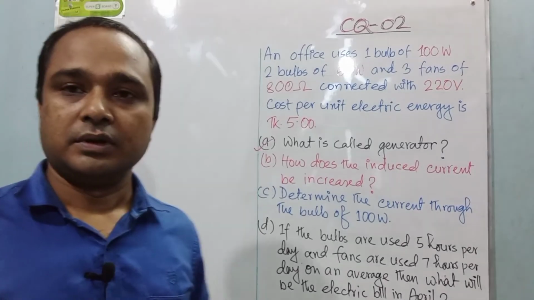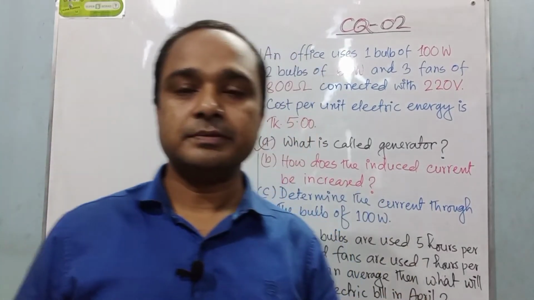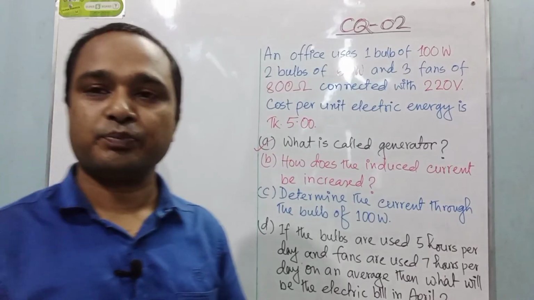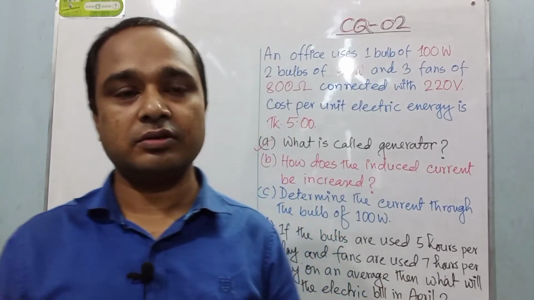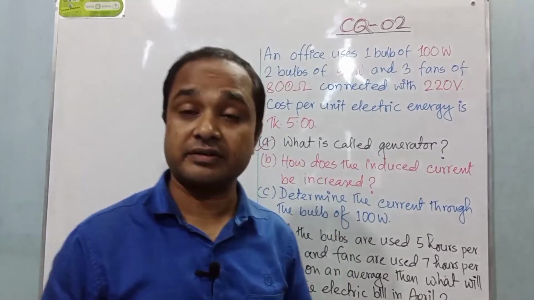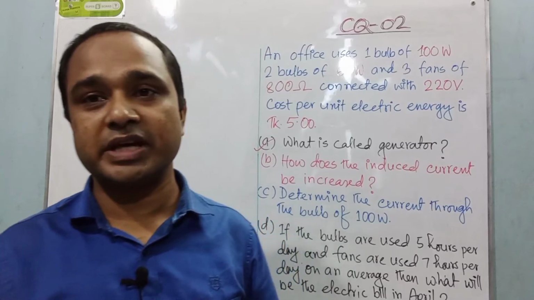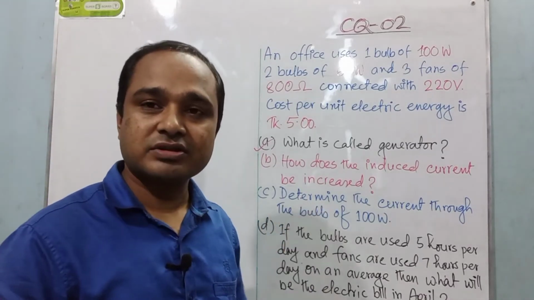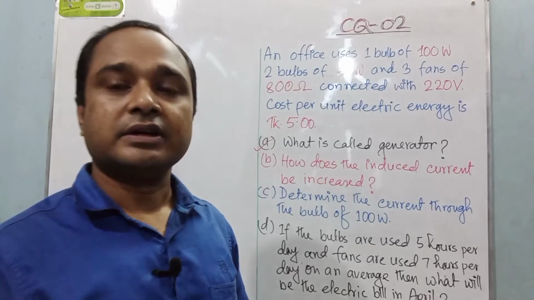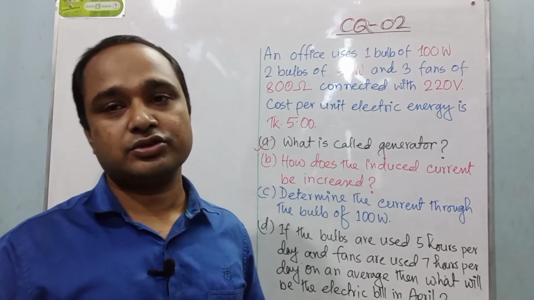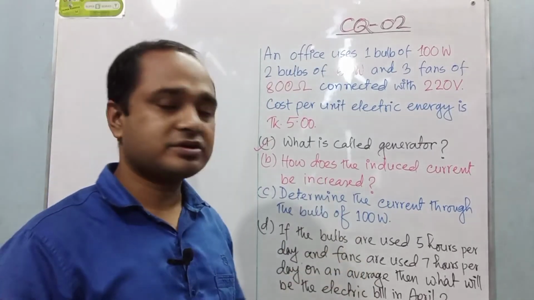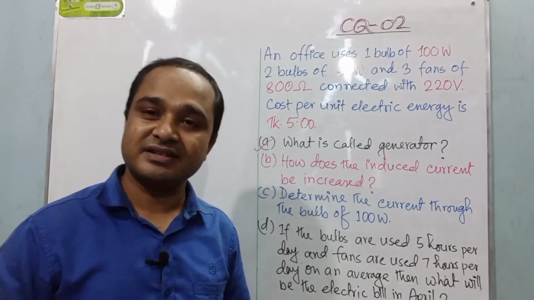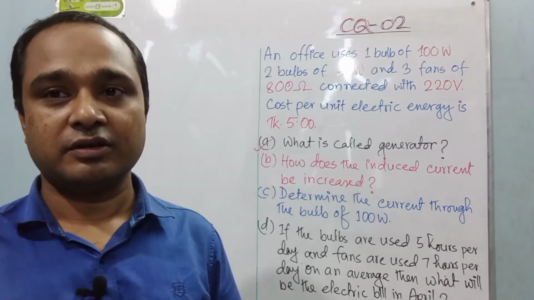Okay. Our next question is, how can the induced current be increased? First, we have to understand what induced current is. The current produced in electromagnetic induction is called induced current. So induced current depends on the strength of the electromagnet, the movement of the magnet or electromagnet, and the number of turns in the solenoid or coil.